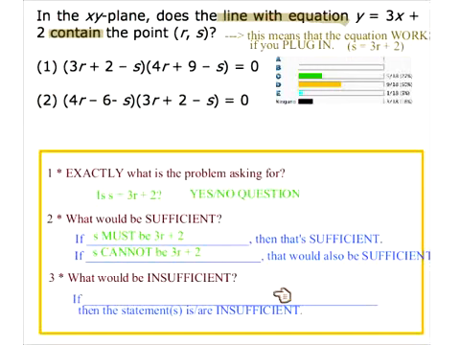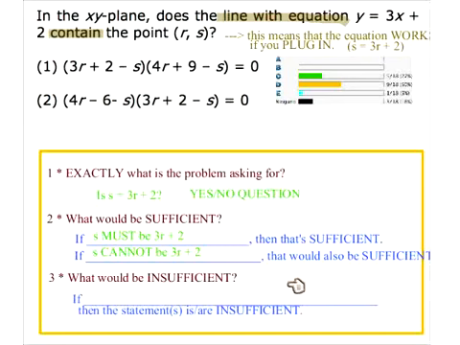Text box, please. What would be insufficient? Multiple values of S or R?